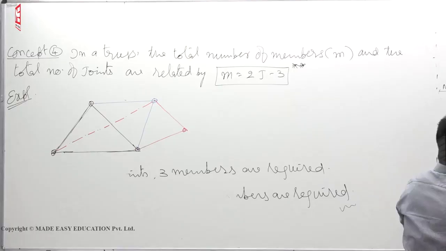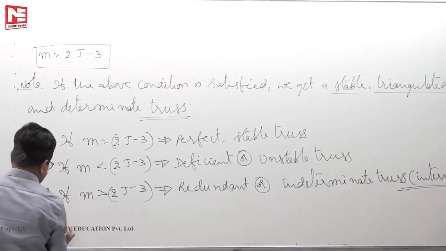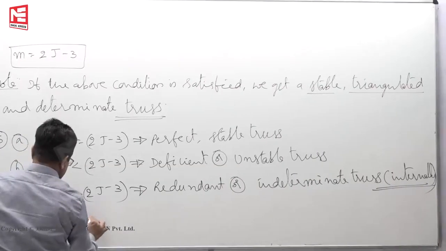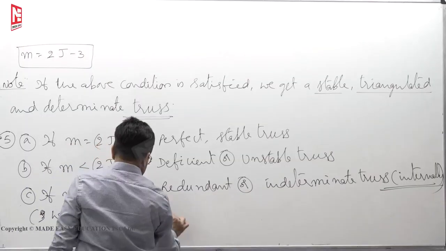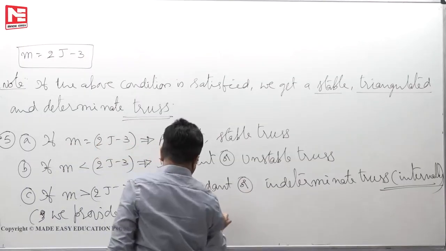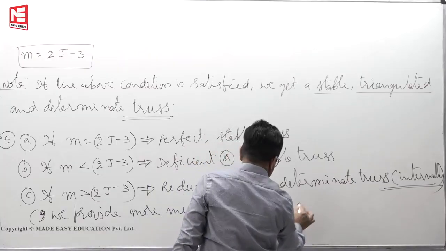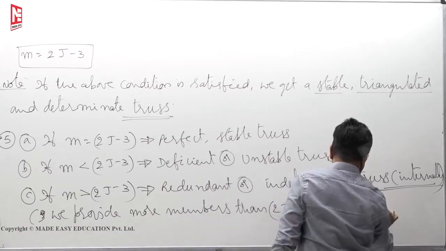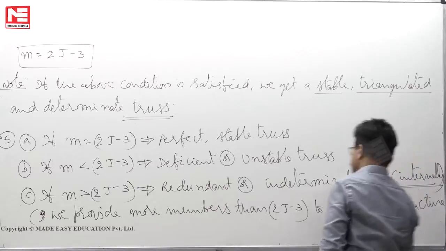So, indeterminate stress: if M is greater than 2J minus 3, it is indeterminate. Why we provide more members than 2J minus 3 is to make the structure more stable.